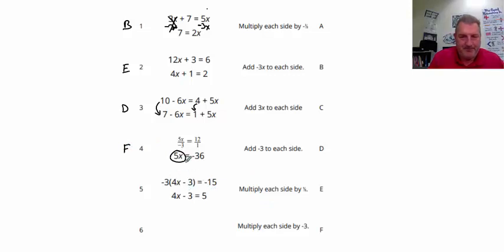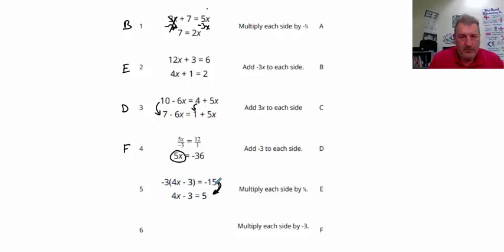So let's look at this last one. It says negative 3 times the quantity 4x minus 3 is equal to negative 15, but that changed to 4x minus 3 is equal to 5. So how is that equation changing? What are they doing to each side of that to change?